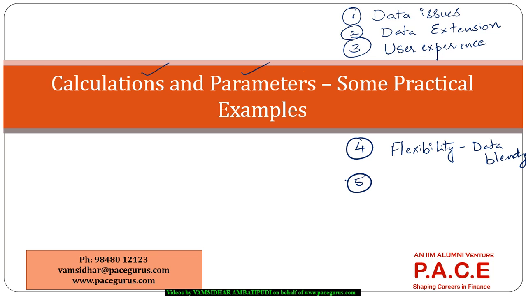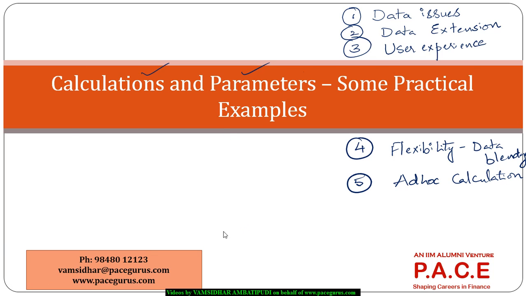Or probably I can even look at cases where ad hoc calculations are required. How can I really go about doing all these things? Examples like these become more and more handy for us to work out. So let's look at the data issues to start with.